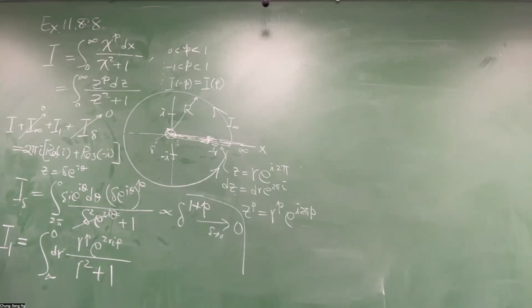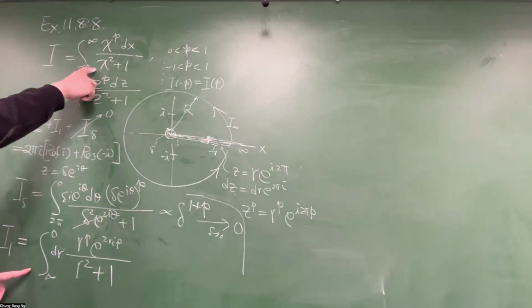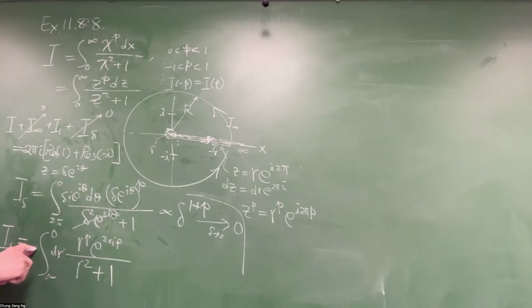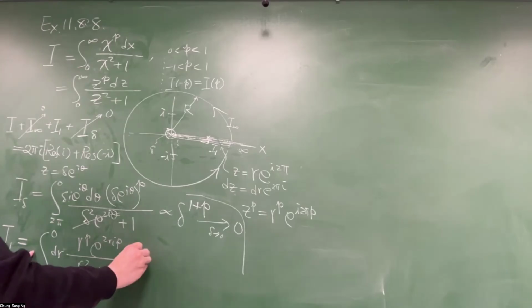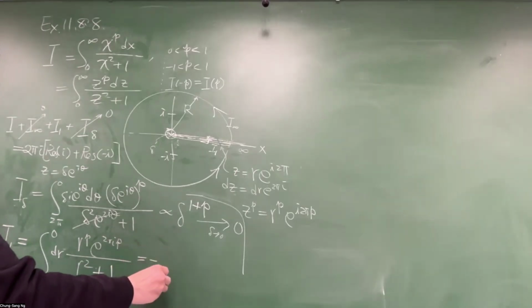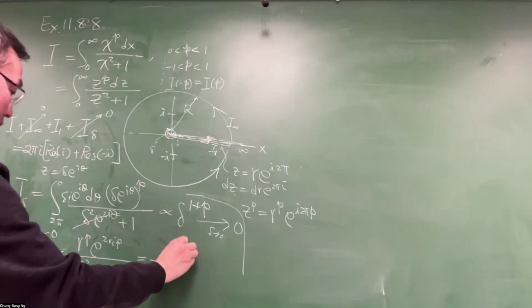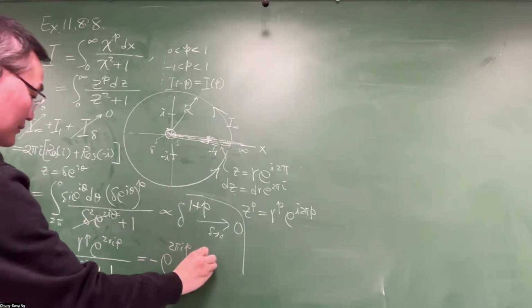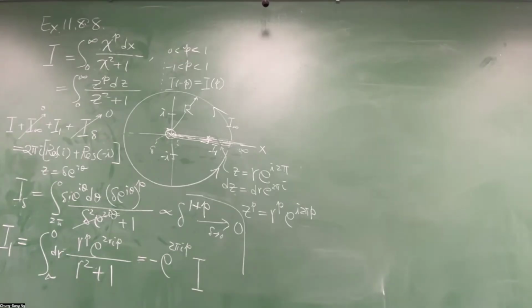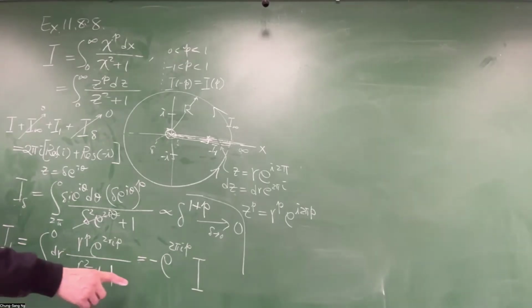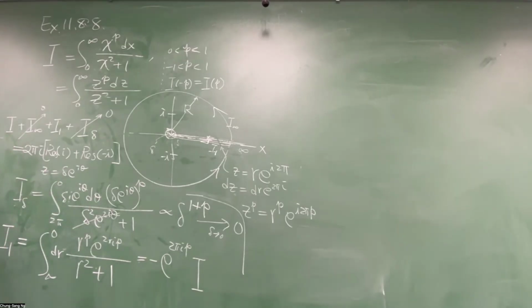Okay, so you recognize that everything is the same as this one except the minus sign and this phase factor. So it equals minus e to the 2 pi i p times I. I said I is this one, right?